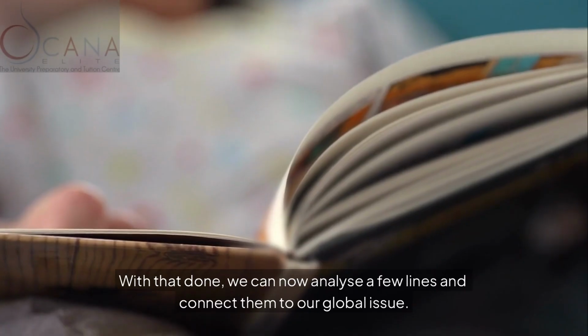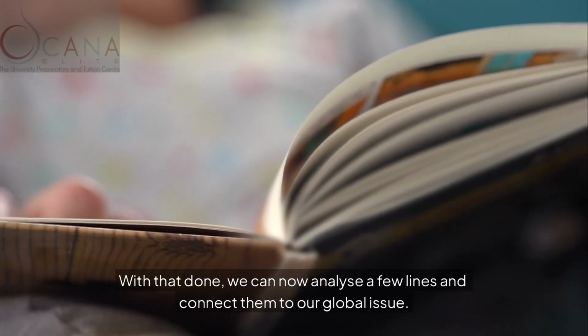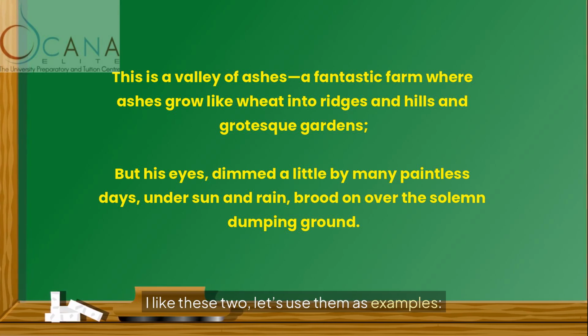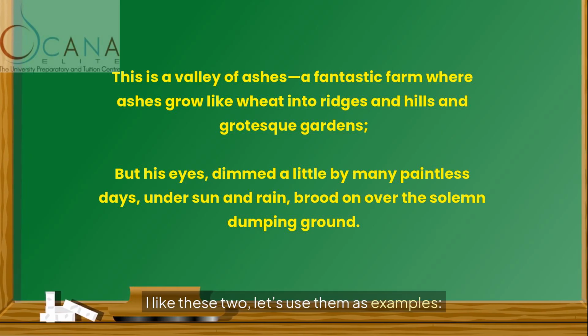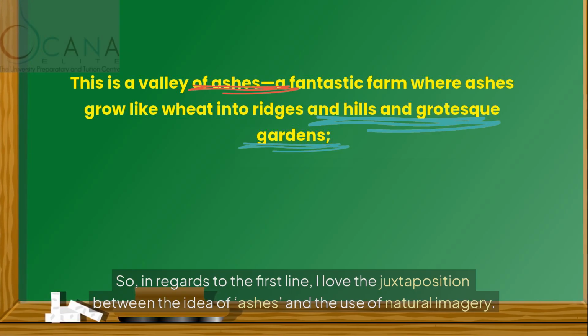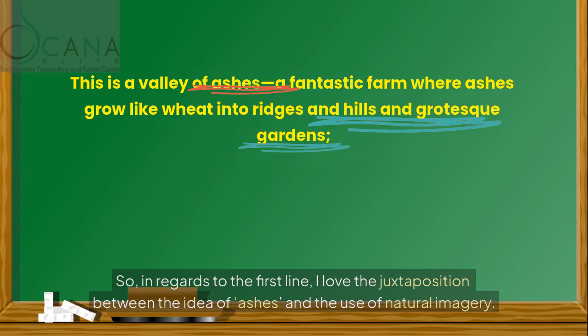With that done, we can now analyze a few lines and connect them to our global issue. I really like these two lines here. Let's use them as examples. To answer the first line, I love the juxtaposition between the idea of ashes and the use of natural imagery.